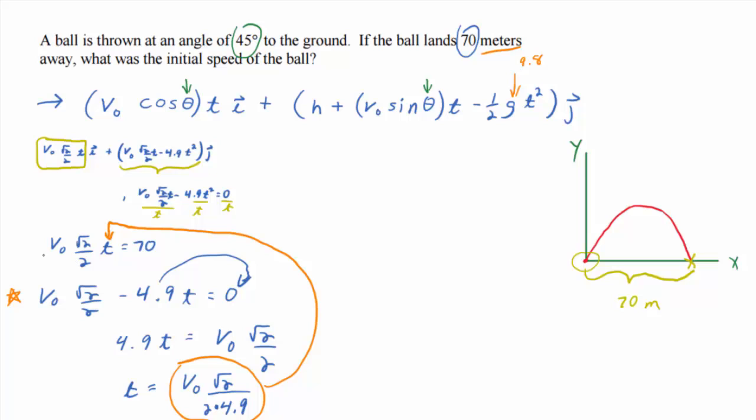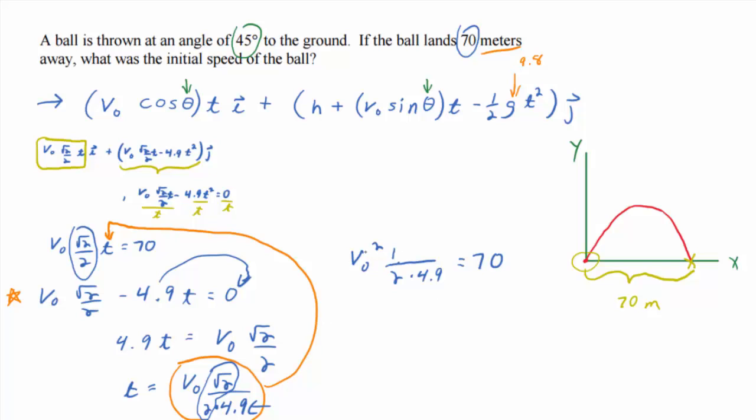That's going to give me v naught squared. The radical 2 times this radical 2 will give me 2 over 4, so 1/2, and you can keep the 4.9 in the denominator, and that's going to equal 70.